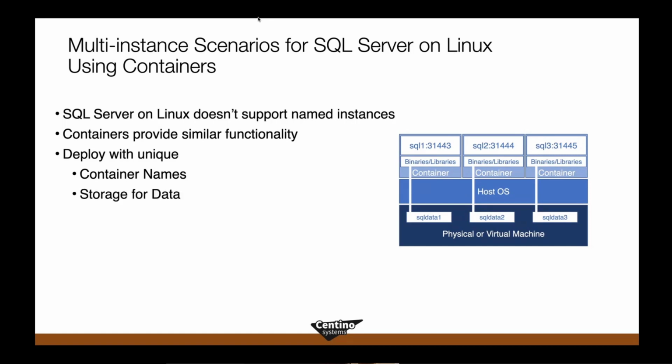So we see I have attached Docker data volumes, SQL data 1, SQL data 2, SQL data 3, and unique network ports. So there we see 31443, 444, 445, and so on. I should just choose easier port numbers. And so the idea is they're completely unique instances of SQL Server running on an individual host, just having unique names, ports, and storage.